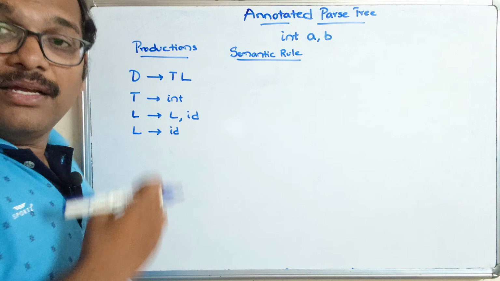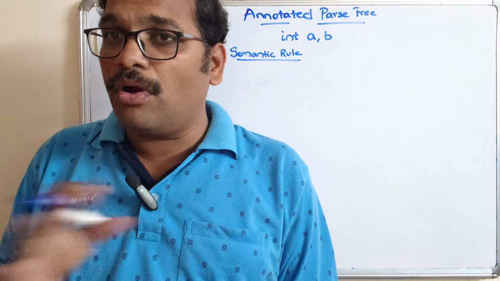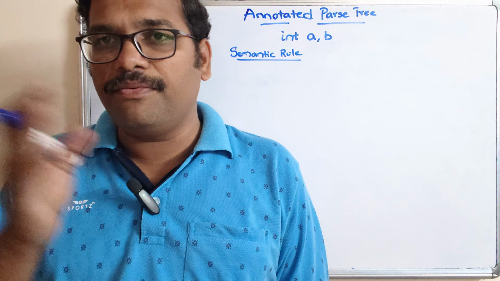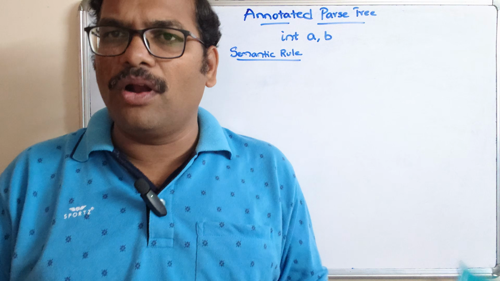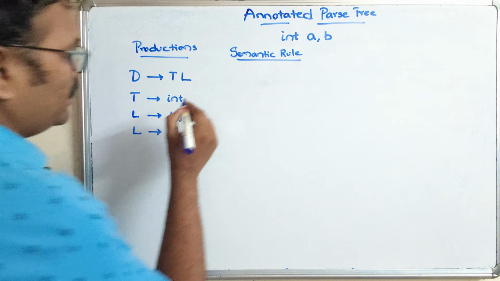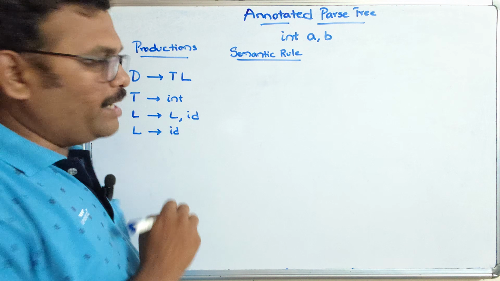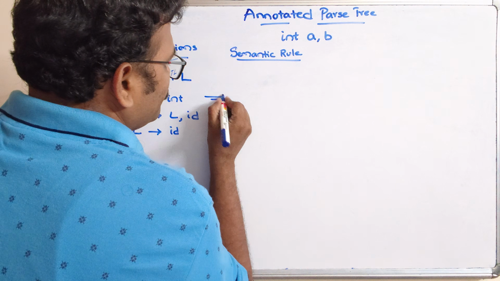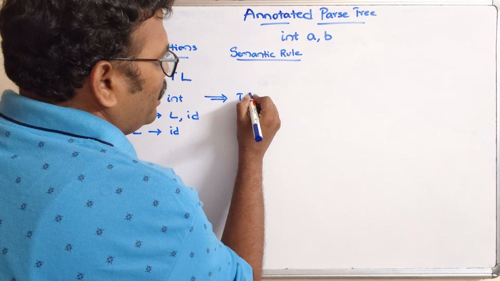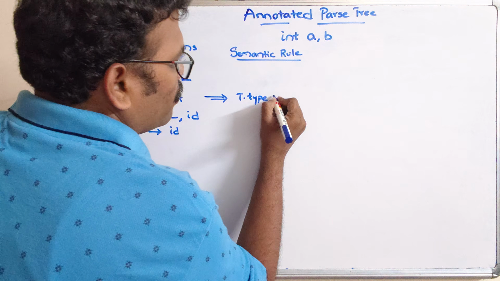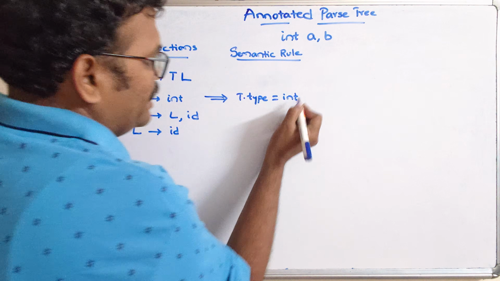As we said, only the value is not the attribute for the non-terminals; there will be a lot of things. Here you can see int is a data type. So for this the attribute will be T.type, and T.type is equal to integer.